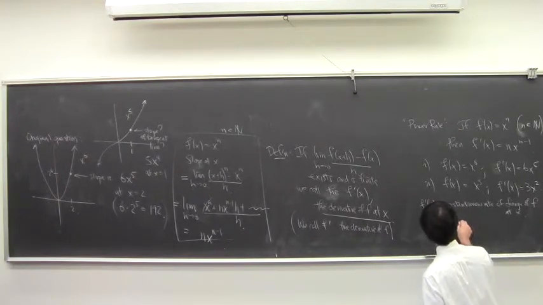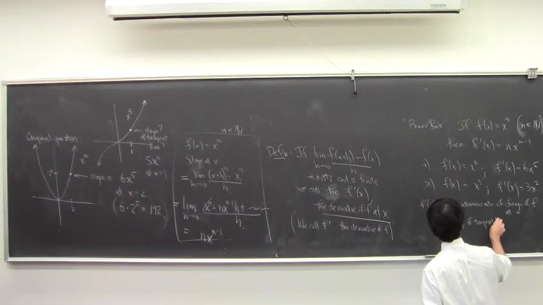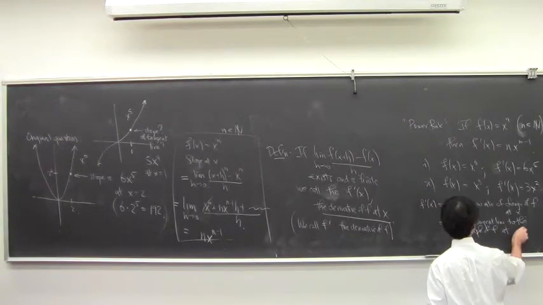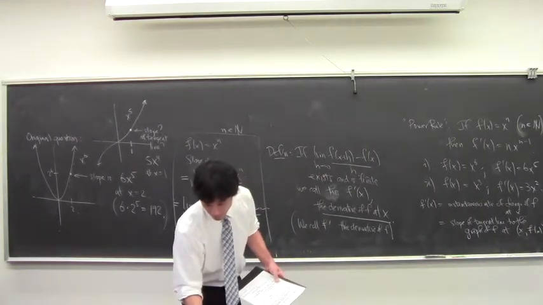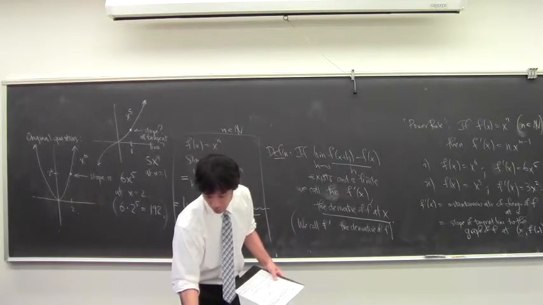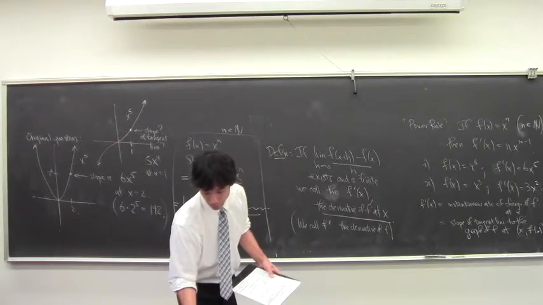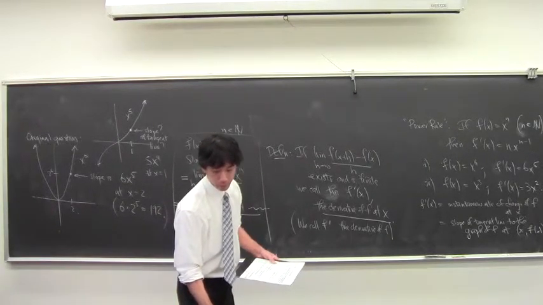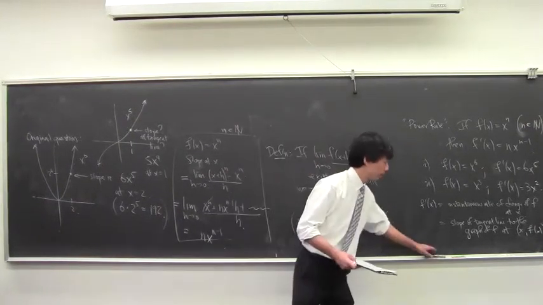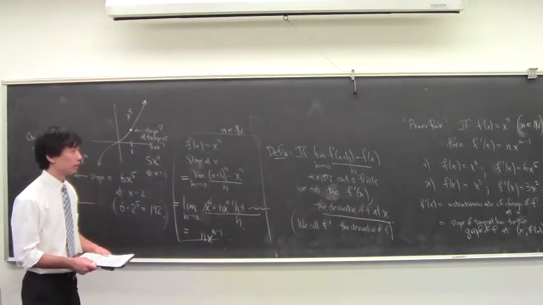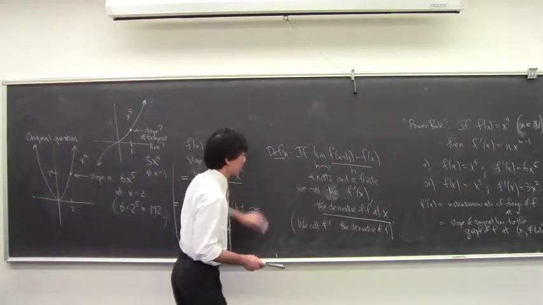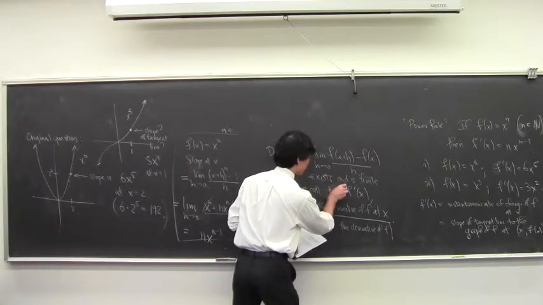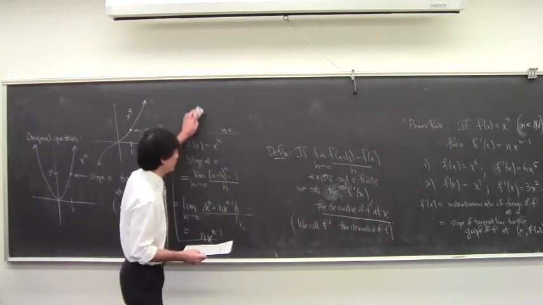It can also be thought of as the slope of the tangent line to the graph of f at x. So we call this limit f prime x.